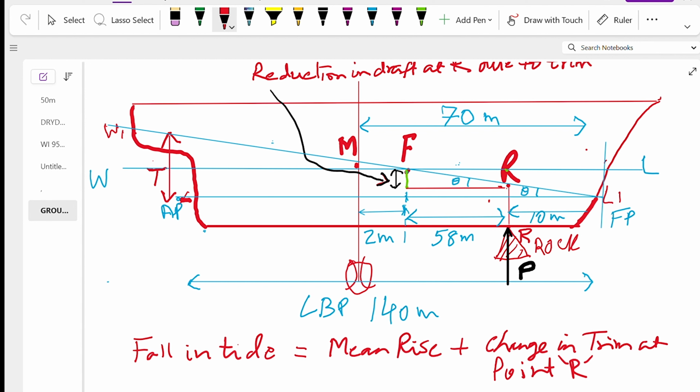When the weight is discharged, first of all there will be a mean rise, then there will be a change in the draft due to trim, and that will be equal to the fall in tide.